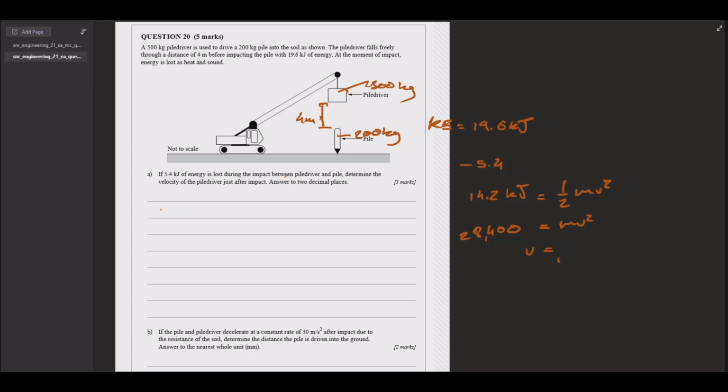V is going to be root 2400 divided by mass of the piledriver, which is 500. I'm going to take the root of that, and that is 7.54 meters per second. So I will check. And why is that wrong?